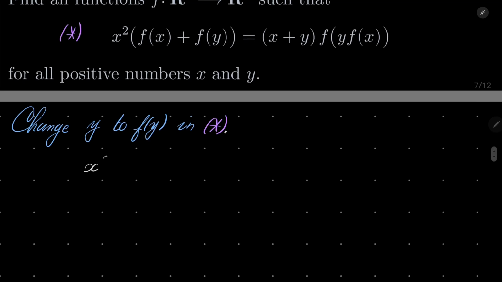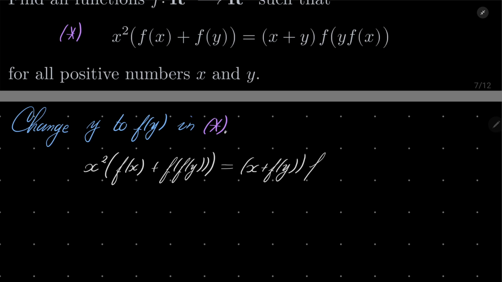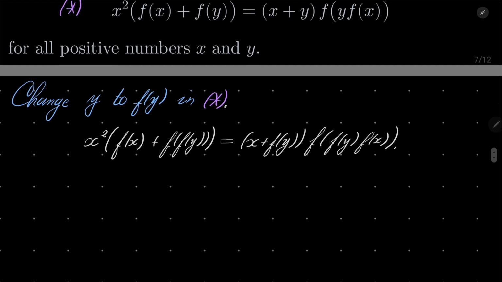We have x squared (f(x) + f(y)) equals (x + f(y)) times f(y) times f(x). I did it to produce a symmetric expression in these parentheses. And now we'll show that our function is injective.